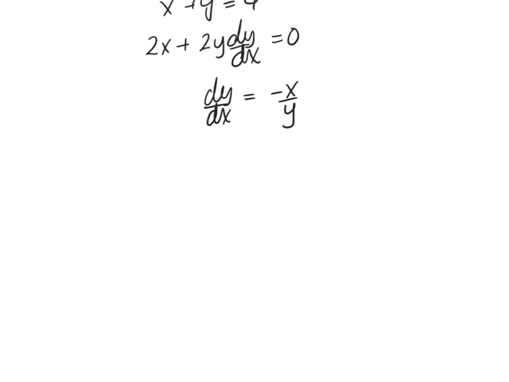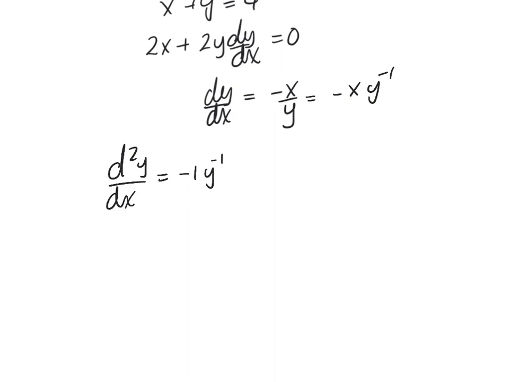Okay, now I'm going to do the second derivative. Now when I do the second derivative, I'm just going to rewrite this as negative x y to the negative 1 because I like the product rule more than I like the quotient rule. So d2y/dx2 is equal to, the derivative of negative x is just negative 1 times y to the negative 1. So I'm doing the derivative of x first because it's the product rule.